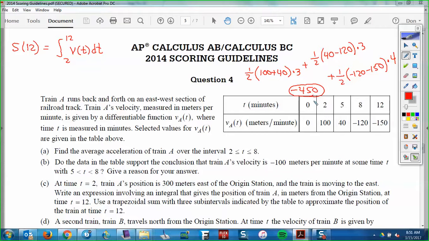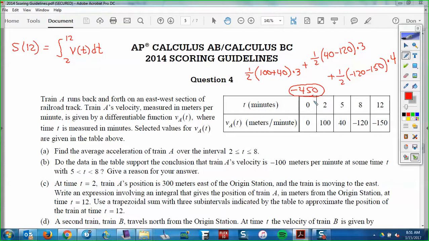What do you got? Add negative 15. What'd you get? Where'd you get negative? How'd you get it? What do you guys do? Wrote the integral. What was your integral? Negative 150x plus 600. Where'd you get negative 150x plus 600?